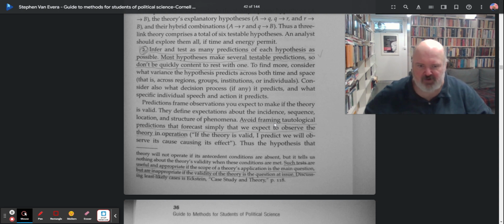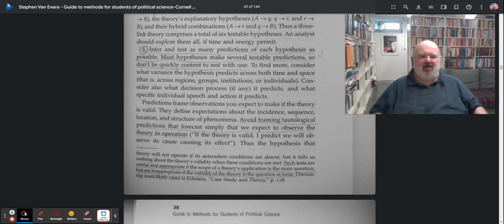Avoid framing tautological predictions. That means A equals A, right? That's tautology.